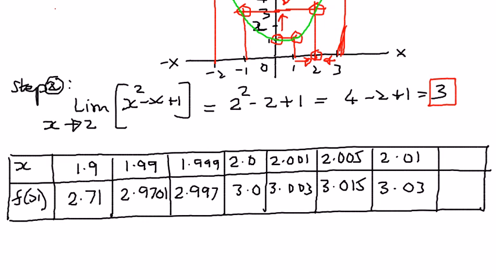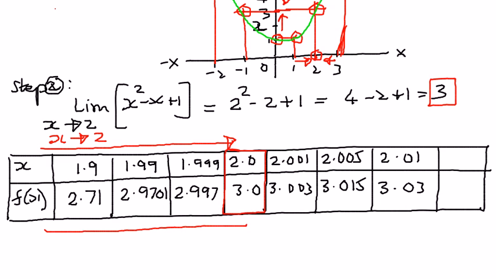So I'm going to put a box around this point here, indicating that as we give values to x, as x approaches 2 from either side, the value of the function is going to approach 3 from either side. That is what we want to say. So in here I'm going to draw a line and write that as x approaches 2 from the left, the value of the function is going to approach 3 from the left as well.